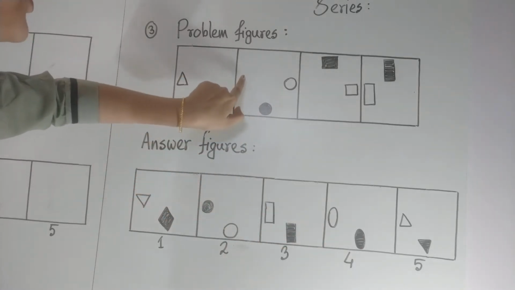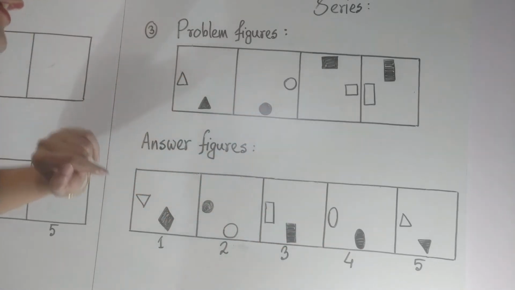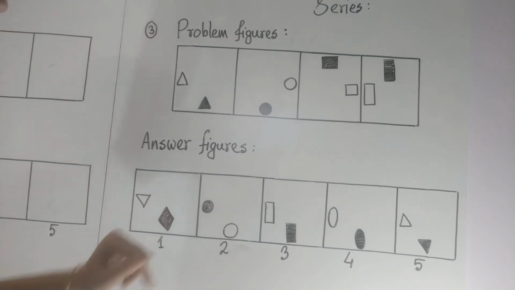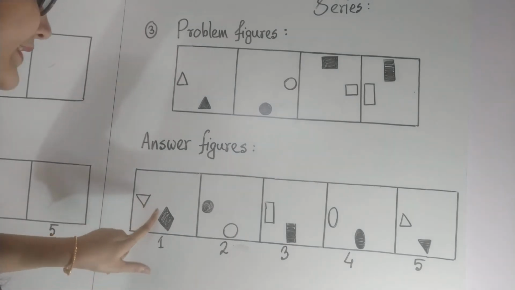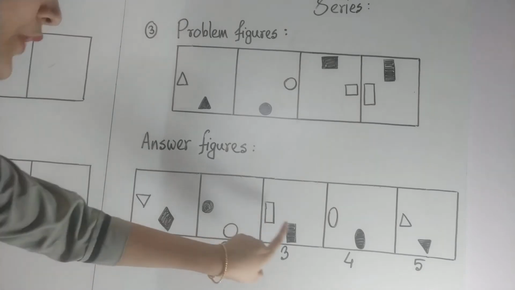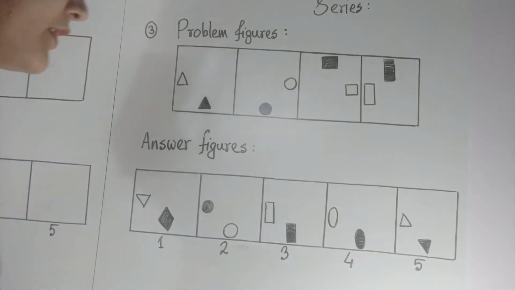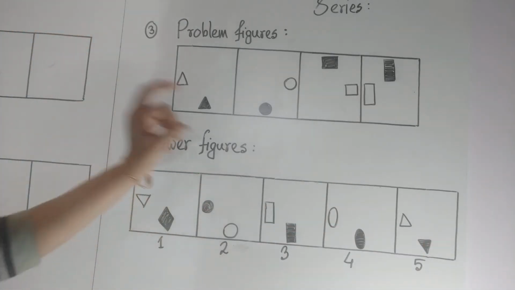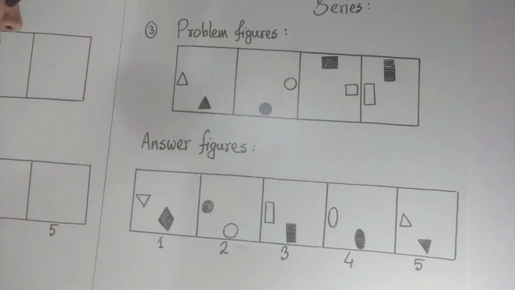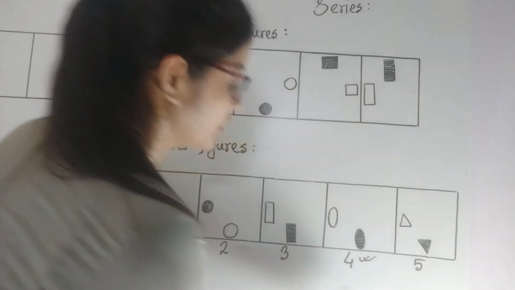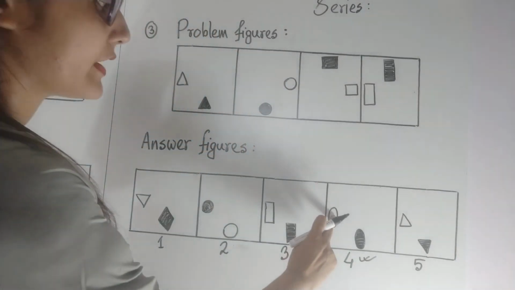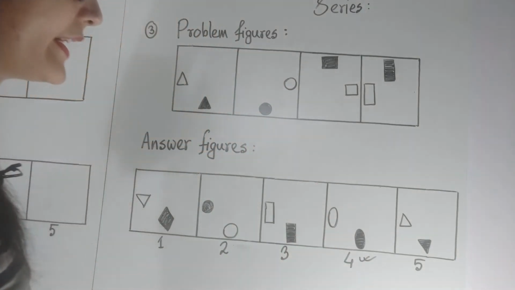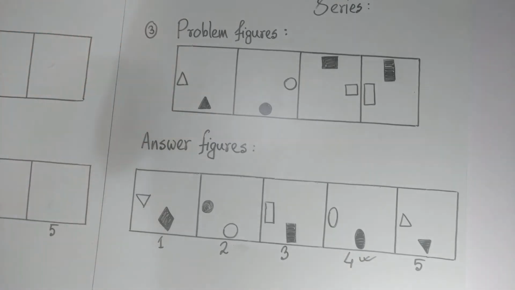From the option figures, this one is white and black, white black, white black, white black. But similar and a new figure, where you can see this is in option number 4. This one is white and this one is shaded. So 4 will be the answer.